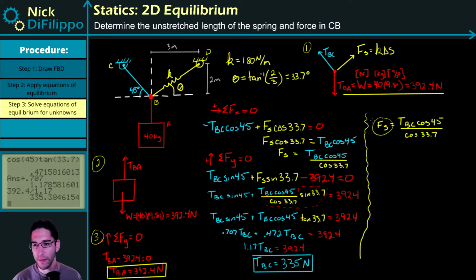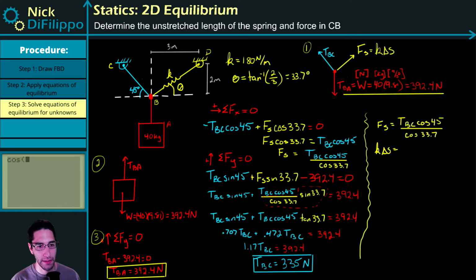So what I'm going to do is make that substitution right now. I'm going to say K times delta S is equal to, I guess I could get that decimal number right now. The cosine of 45 divided by the cosine of 33.7 is 0.85, so 0.85 TBC.